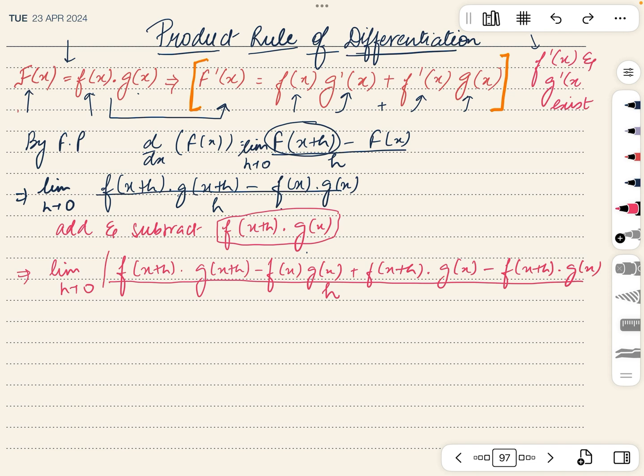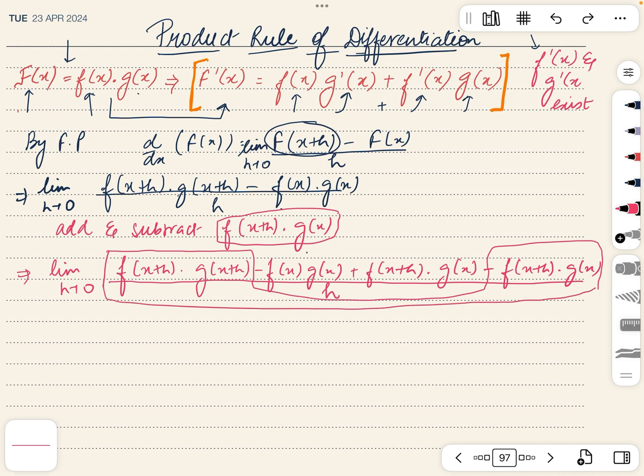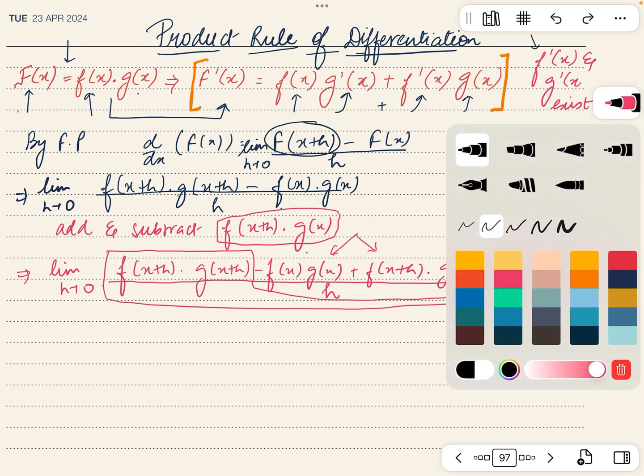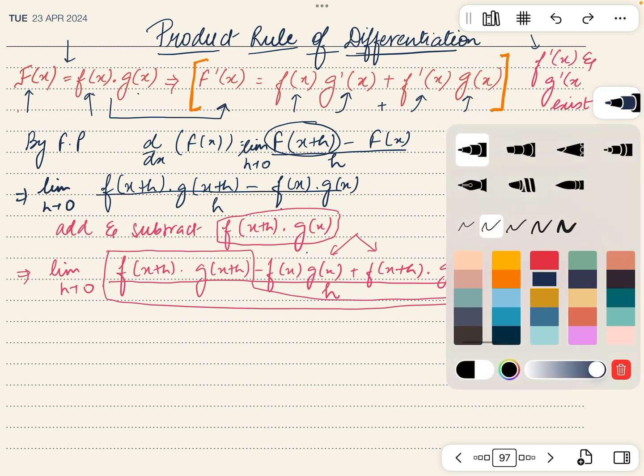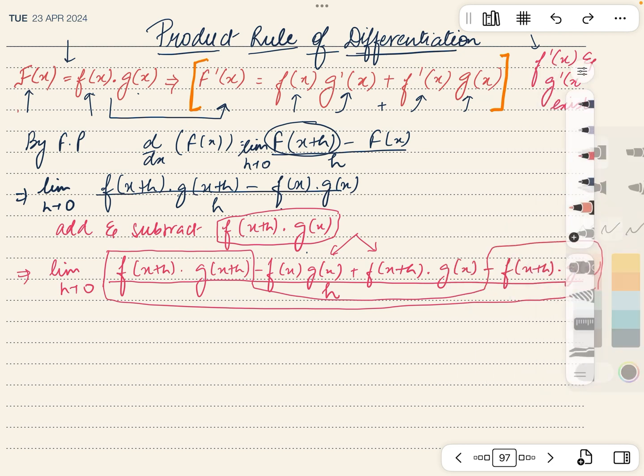Now I'm going to take a plus and a minus function to make it in order of the first principle. Similarly, these two functions shall be taken together. I'll take a different color pen just to be a little more exclusive. Yeah.